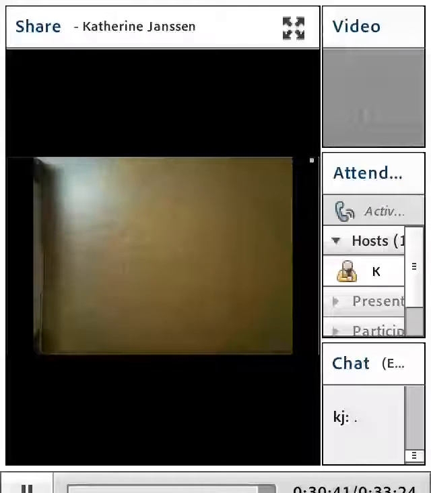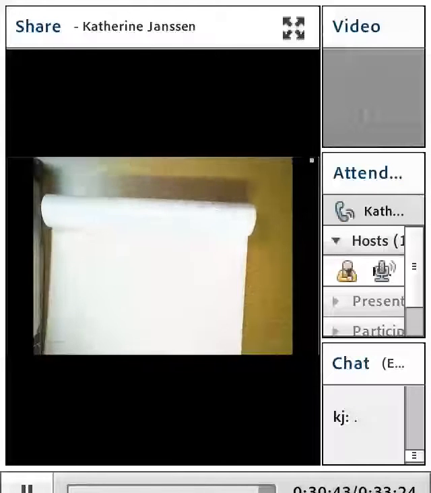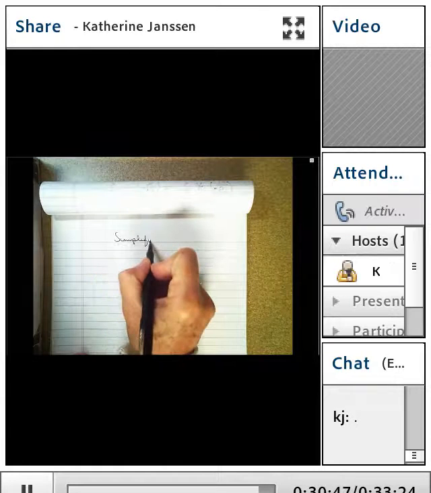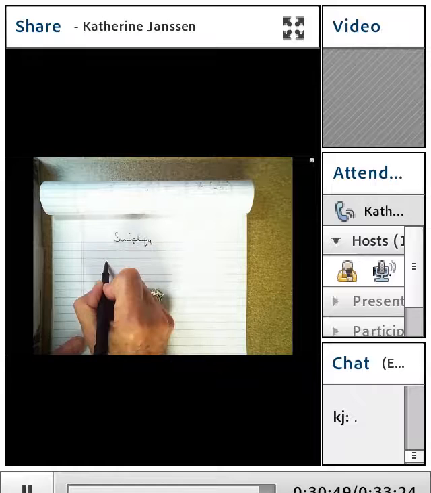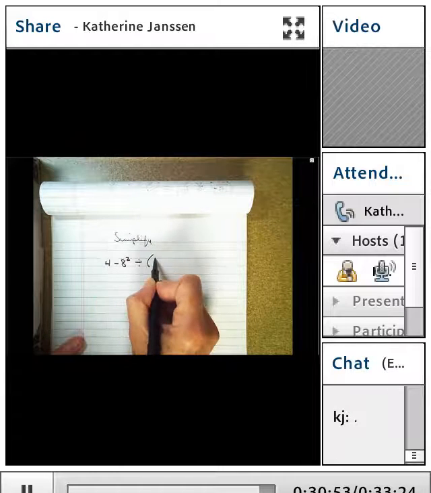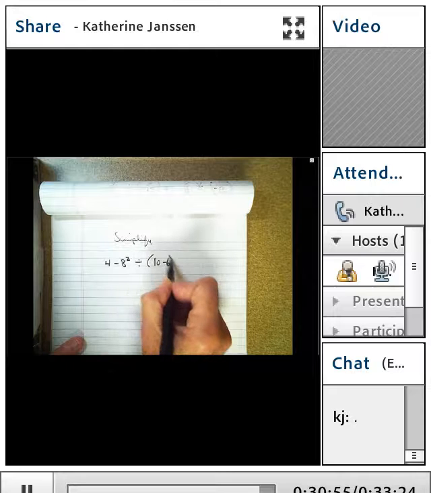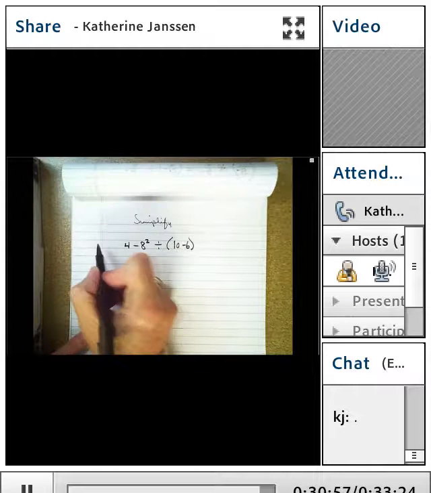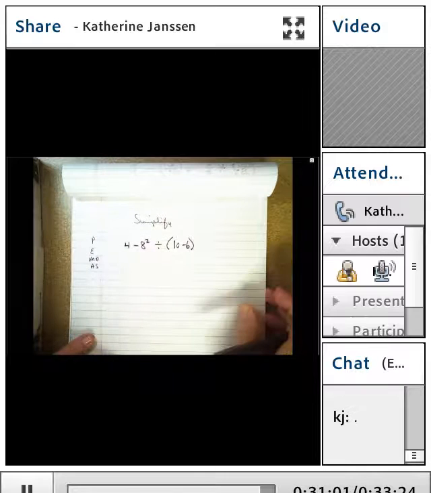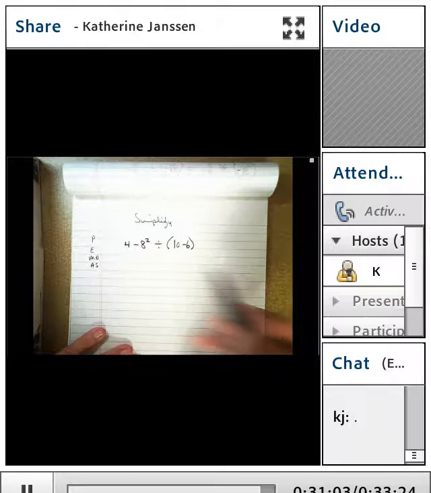And then we're asked to simplify. We have 4 minus 8 squared divided by 10 minus 6. So remember, please excuse my dear Aunt Sally. For precedence of operators, we have parentheses, so we're going to operate within the parentheses first.